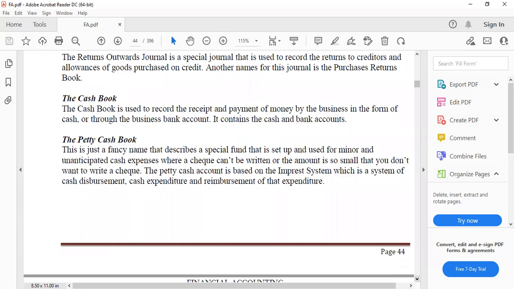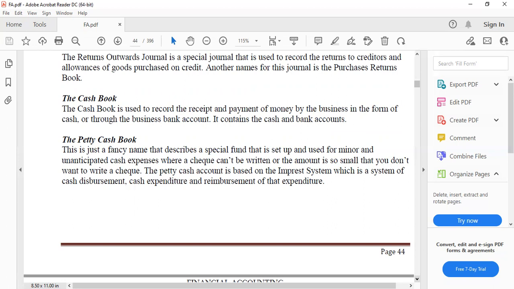Now, in many organizations, especially companies, even schools and any other organization, you can never miss a cash book. A cash book is used to record receipts and payments of money by the business in the form of cash.